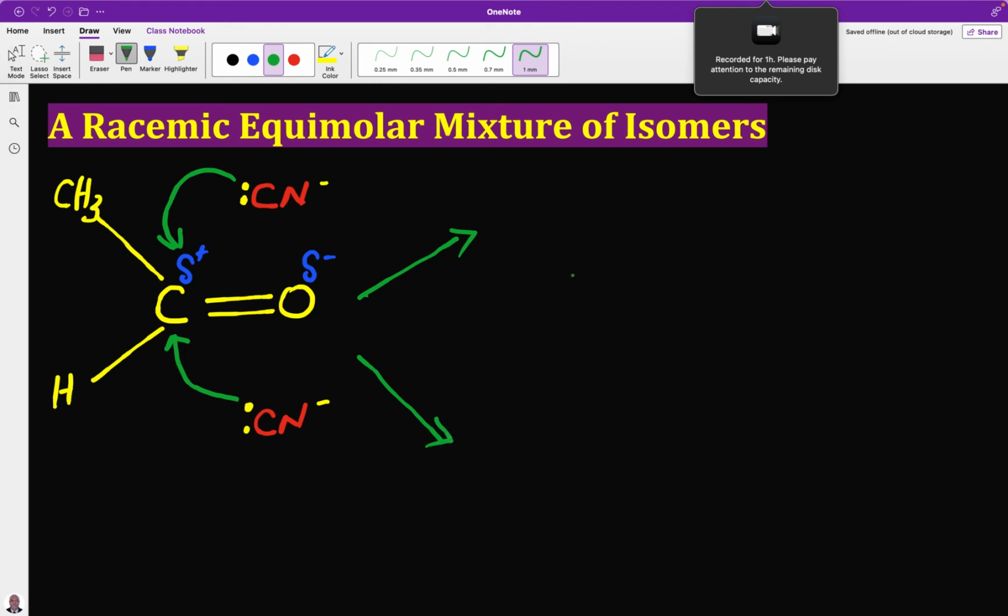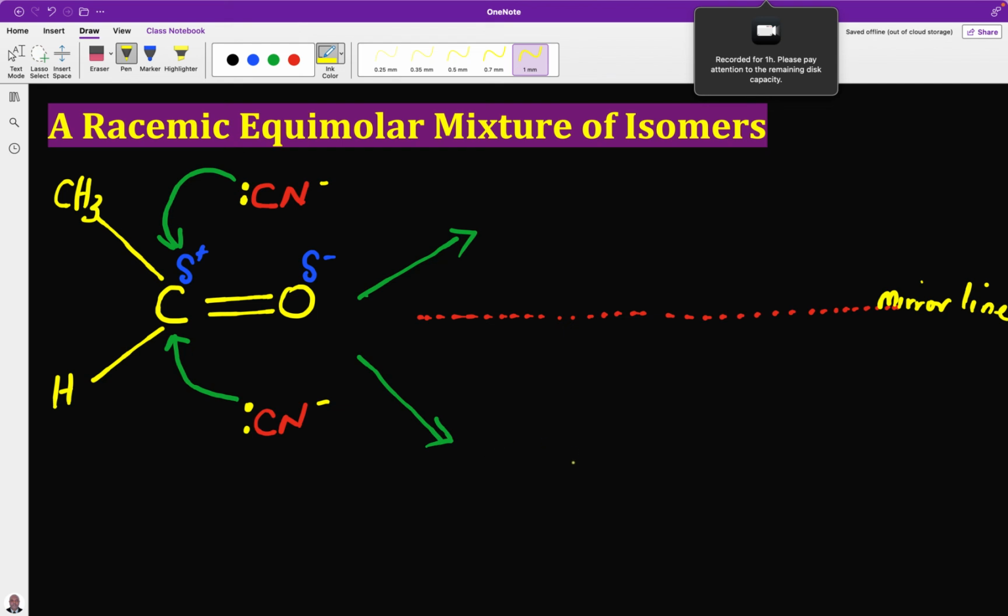These are going to be our products. I call this the mirror plane, or the mirror line.